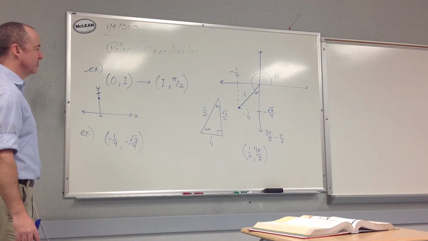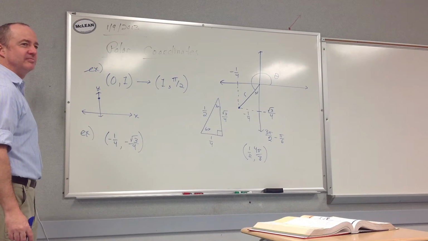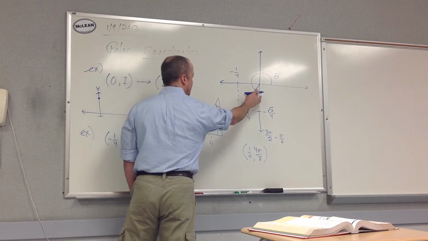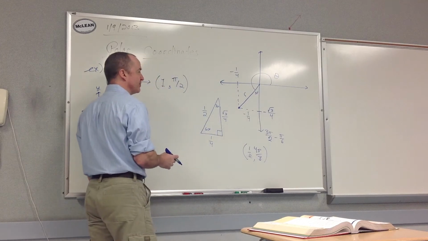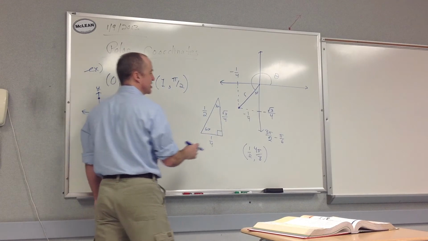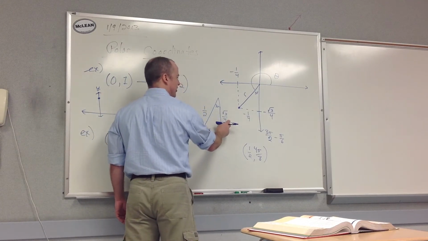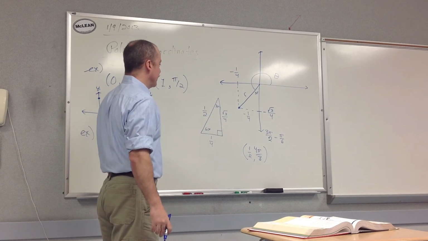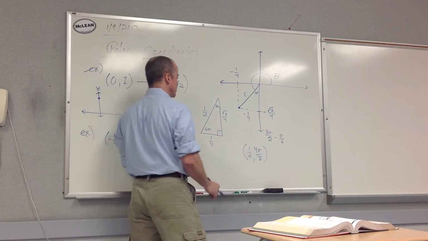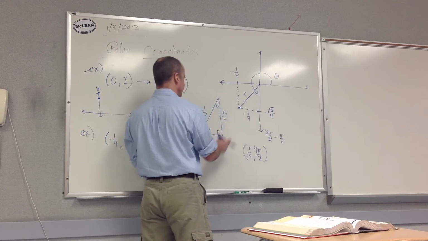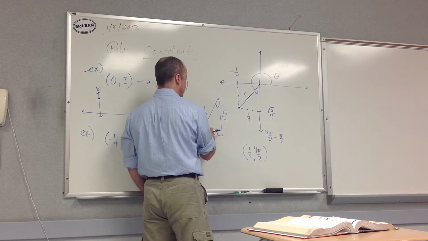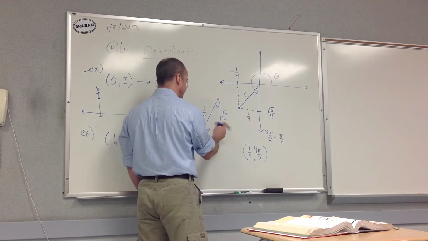Nothing wrong with that. So did we need a calculator for that? If you didn't have a calculator and you didn't spot that you were looking at a 30, 60, 90 triangle, you would then use the Pythagorean theorem between 1/4 and 3/4 to get 1/2, which would be annoying with the fractions. And if you did an inverse tangent of opposite over adjacent from here, you would get this 60-degree angle.